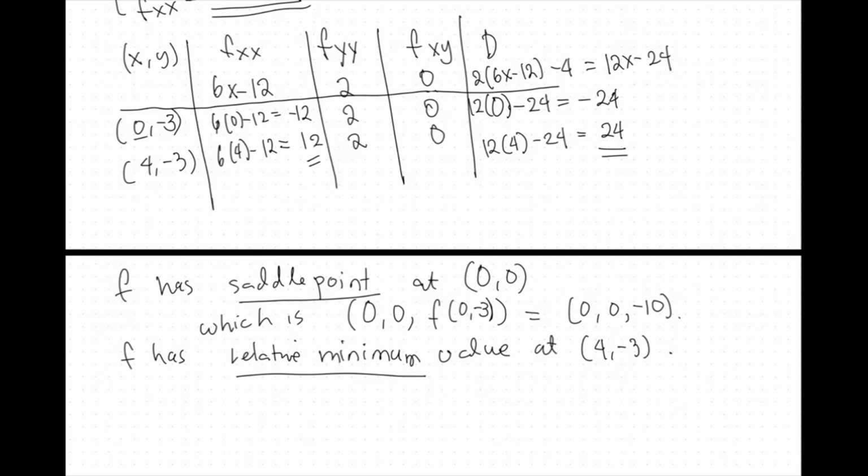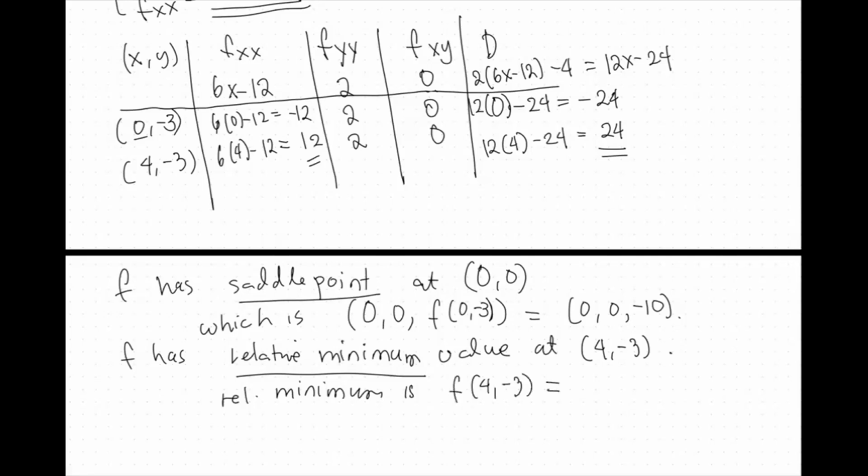Here, I'm not particular with the function value, because sometimes it's a very long function and then it's hard to get the function value. In fact, the relative minimum is just f(4, -3).